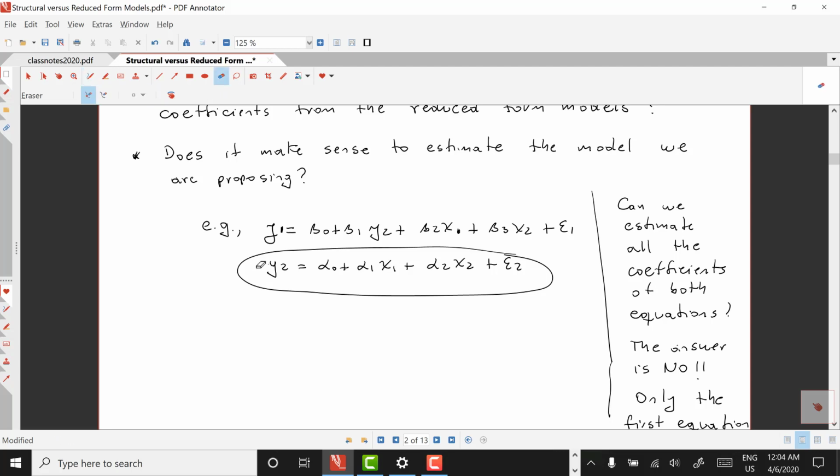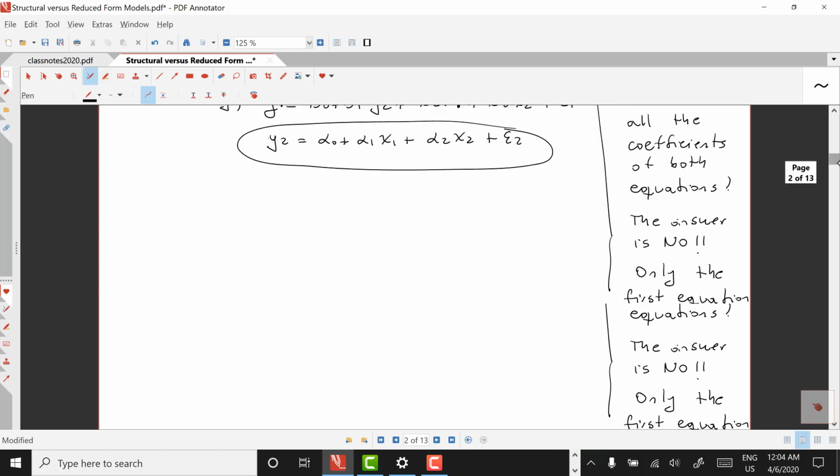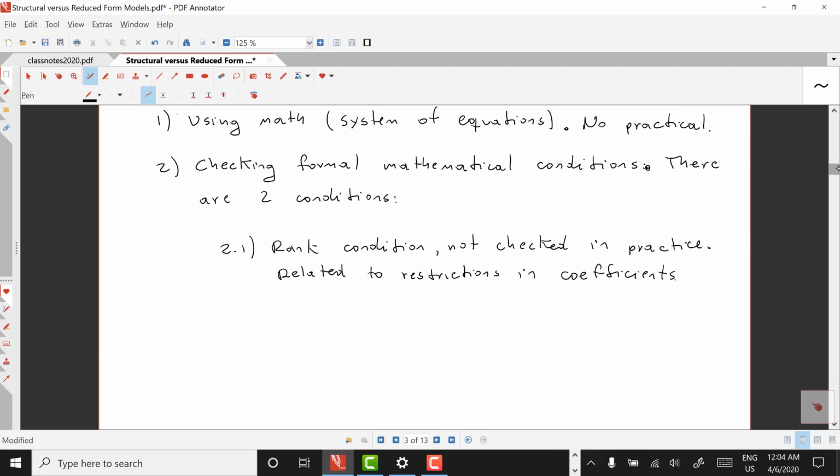Or you could attach a coefficient next to the error term and try to estimate that type of model. Or if you were trying to estimate a model where we have alpha 2 divided by alpha 3, the rank condition probably won't be satisfied. Overall, if you write models that make sense, that rank condition is going to be satisfied. So it's related to restrictions of the coefficients.